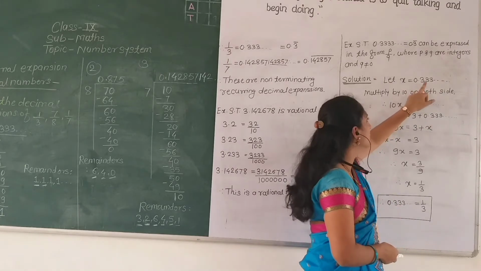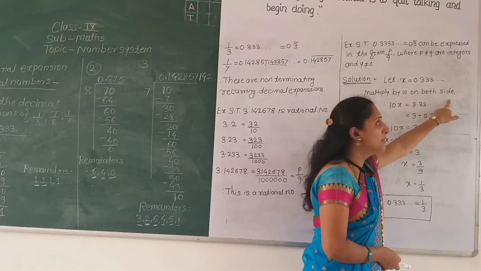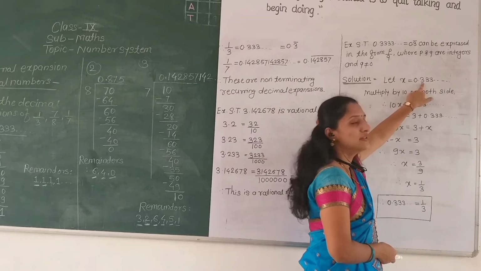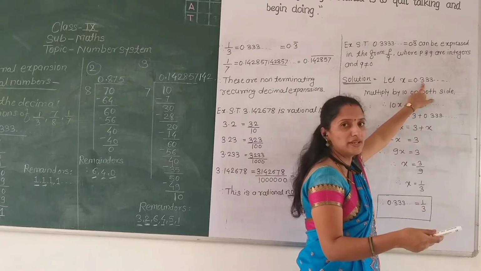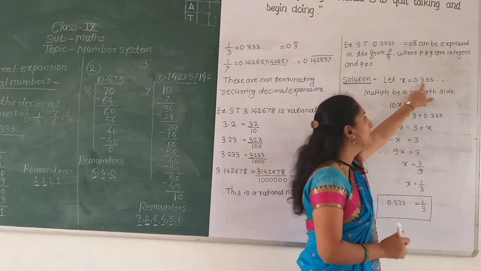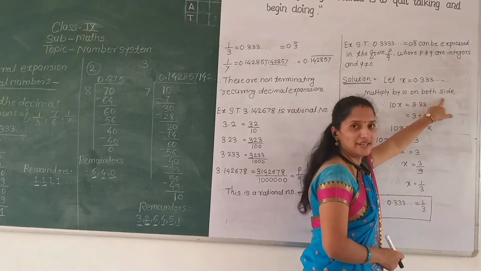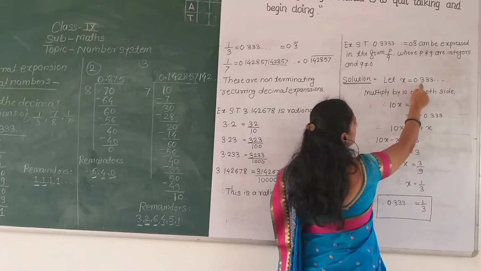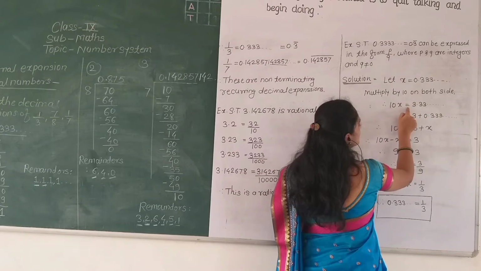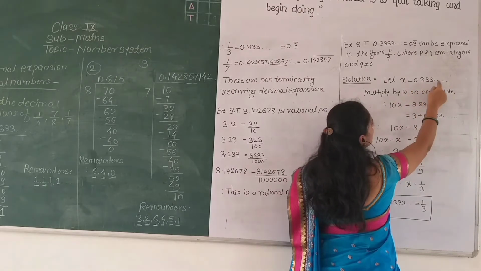Okay, so we multiply by 10 on both sides. I repeat again. Here only one digit is repeated after the decimal point. So I multiply by 10 on both sides. 10x is equal to 0.333 into 10.